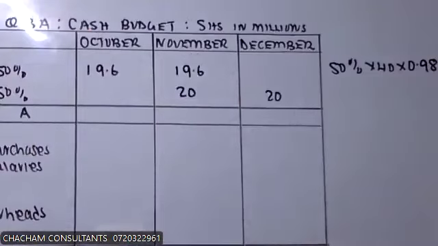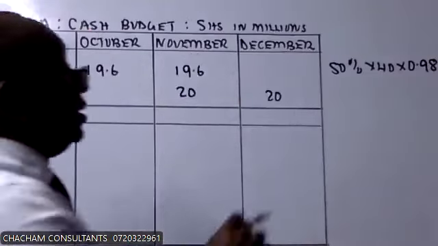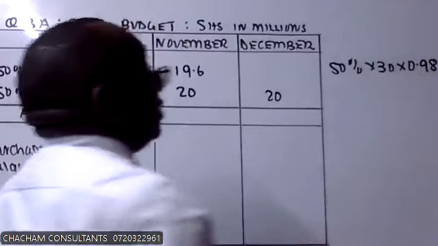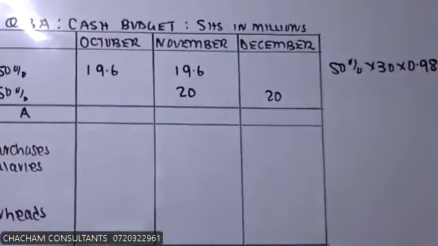And then when we go to December, we have 30. So first of all, get 50%. You multiply by 30. Mwalimu, yes, Dennis.